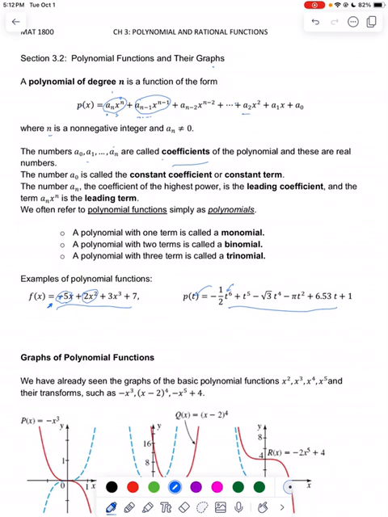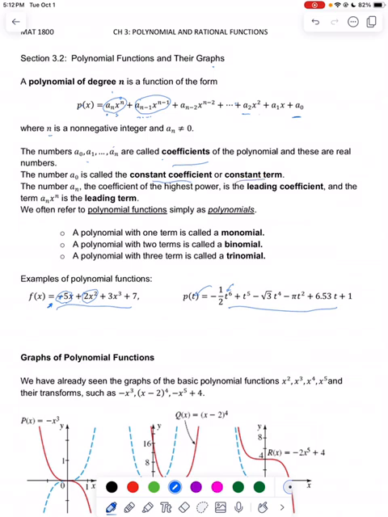So when we come here, a sub 2 is the coefficient of x squared, a sub 1 is the coefficient of x, and this a sub 0, we don't have any x here, so we call it a constant coefficient or constant term. Okay, so that's what it is called.